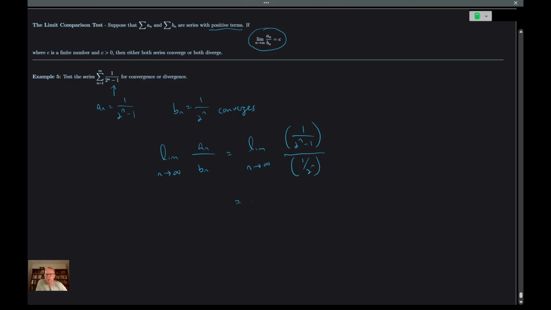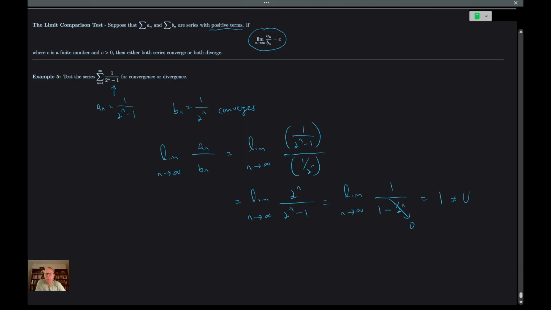Let's simplify this fraction. We get the limit as n goes to infinity. This would simplify to 2 to the n over 2 to the n minus 1. If you like, we can divide everything by 2 to the n, and we get 1 over 1 minus 1 over 2 to the n. This will go to 0, and we end up with the limit equal to 1.